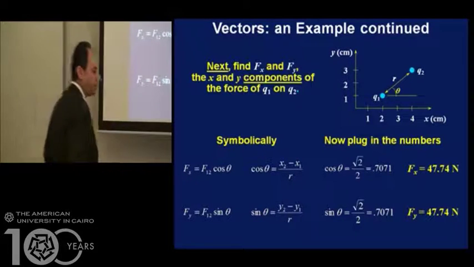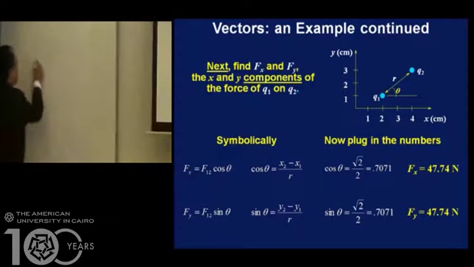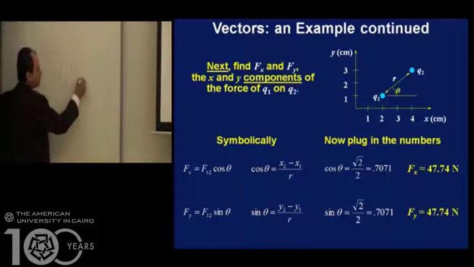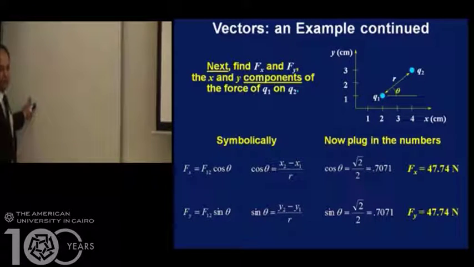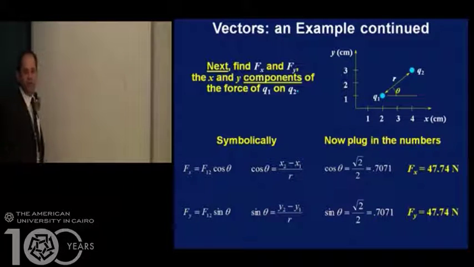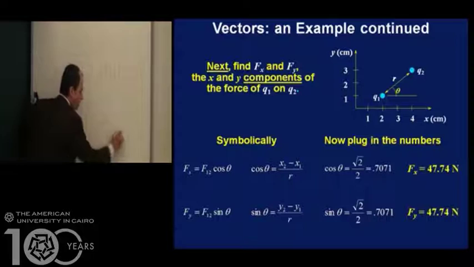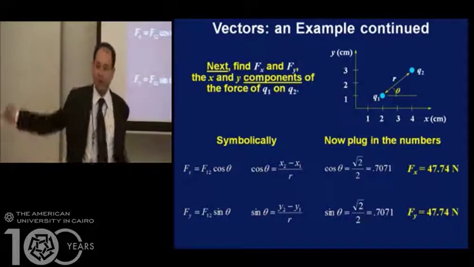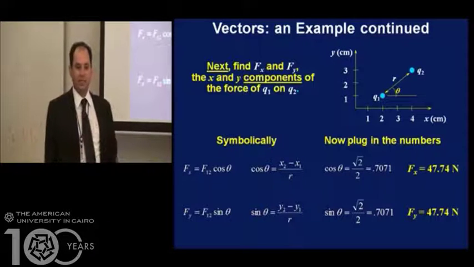If you know Fx and Fy, you remember the force should be written as Fx along i plus Fy along j. Correct, guys? So the magnitude of that force, as we know from Physics 111, chapter 3 on vectors, will equal the square root of Fx squared plus Fy squared. And if we do that for the 47.7 and the 47.7, you will exactly get 67.5 Newton.